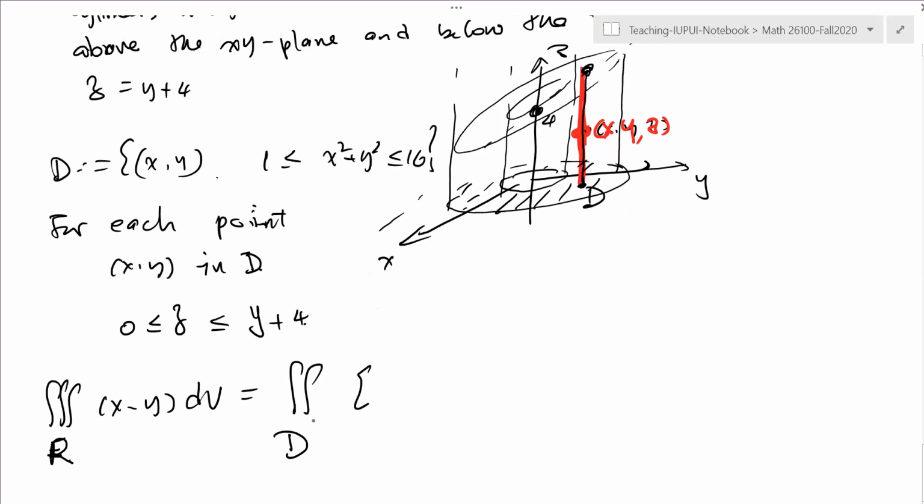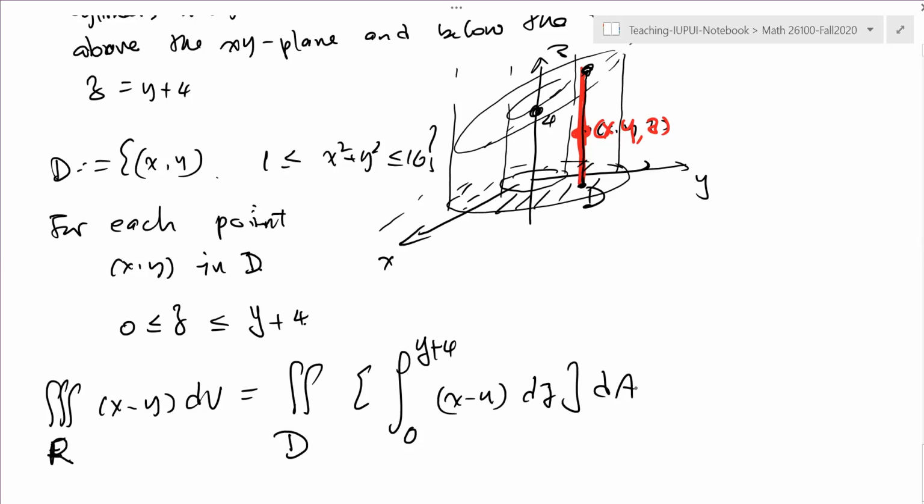The first part is a double integral over D. The second part is z from 0 to y plus 4 of x minus y dz, and then dA.